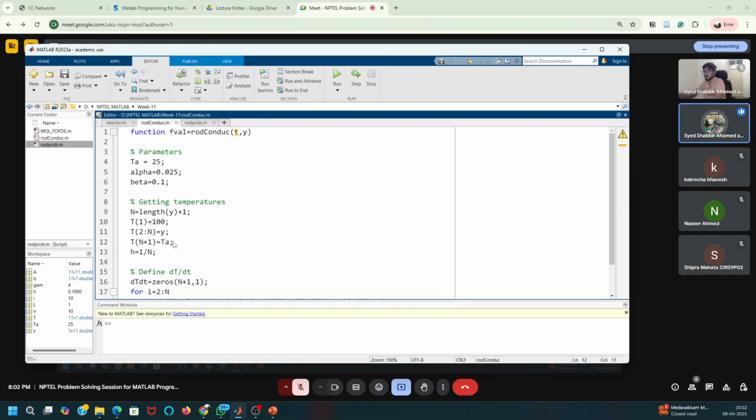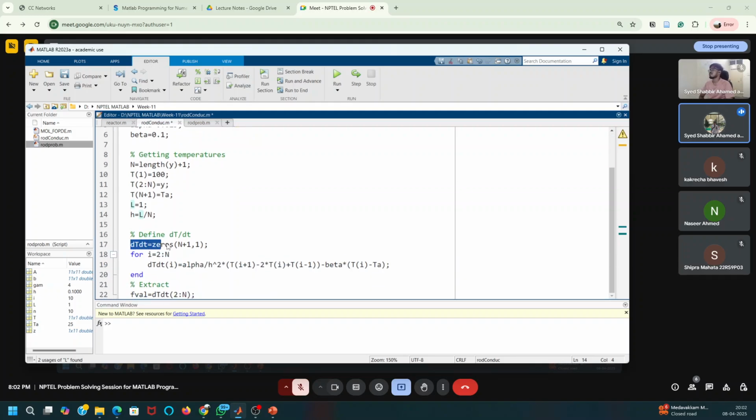That's why I have written 1. You can also write it like this, to avoid confusion if you want to change this value in the future. This is alpha. Now I have n plus one nodes. For each node, I want dT by dt. So I will initialize it with a zero column vector, zeros of n plus one comma one.